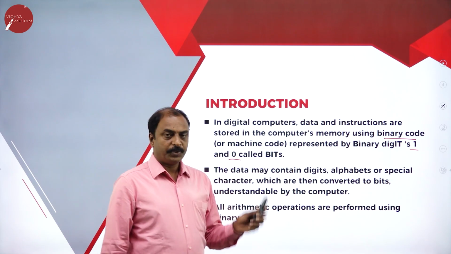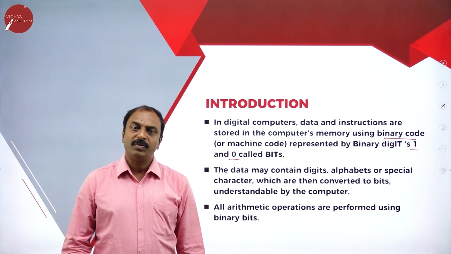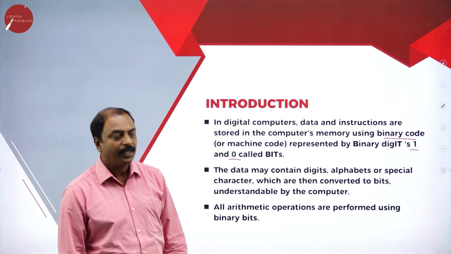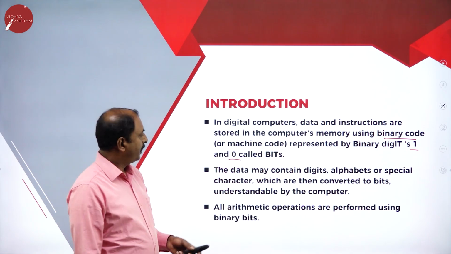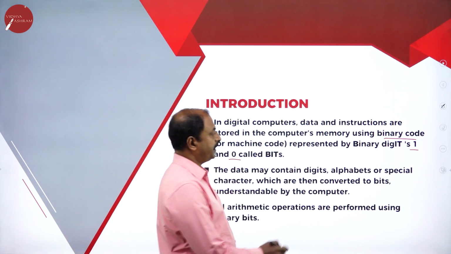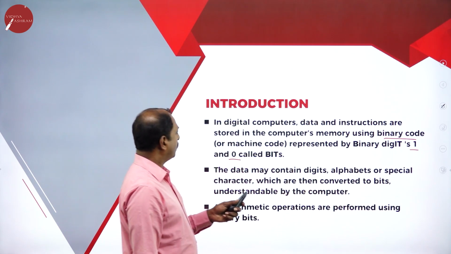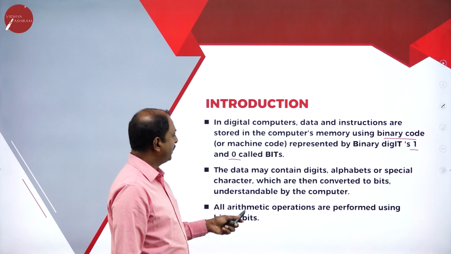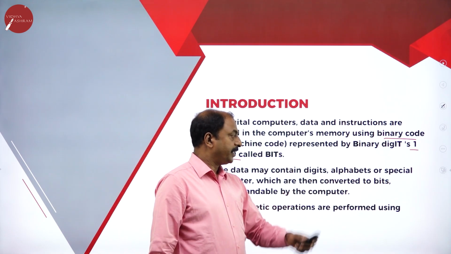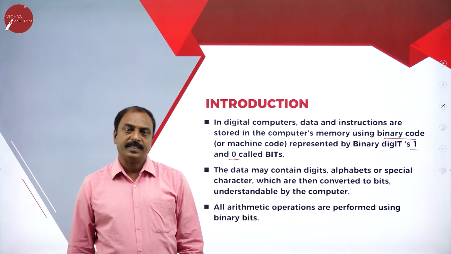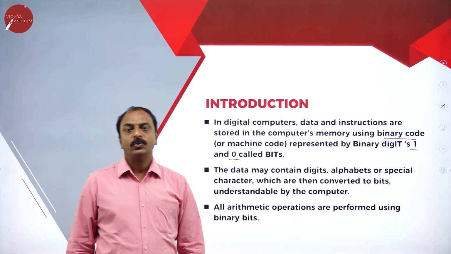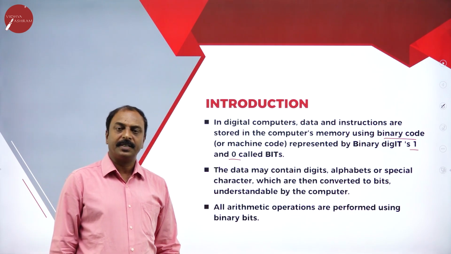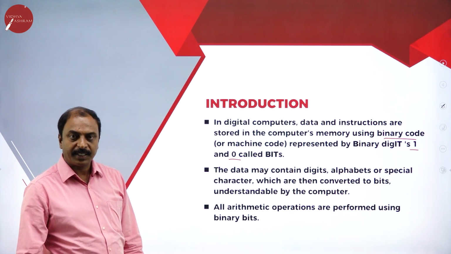So in computers, all data and information are stored in the memory in digital form. The data may contain digits, alphabets, or special characters, which are then converted to bits understandable by the computer. As all of us have learned, computers know only machine level language, or the language of binary codes.